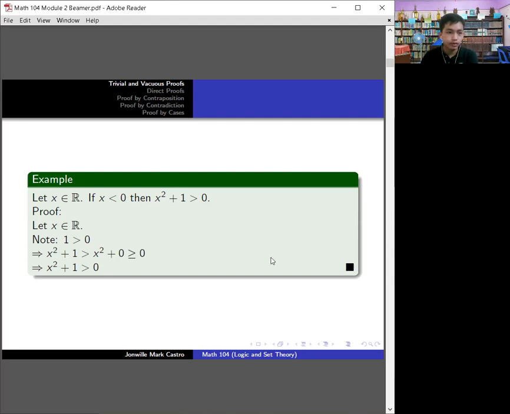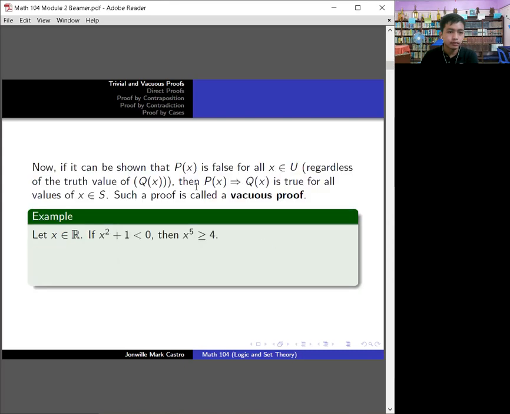Now, kapag may papakita natin na yung P of X, si hypothesis is false for all X regardless of the truth value of Q of X, which is yung hypothesis, yung conclusion, then P of X implies Q of X is true for all values of X.